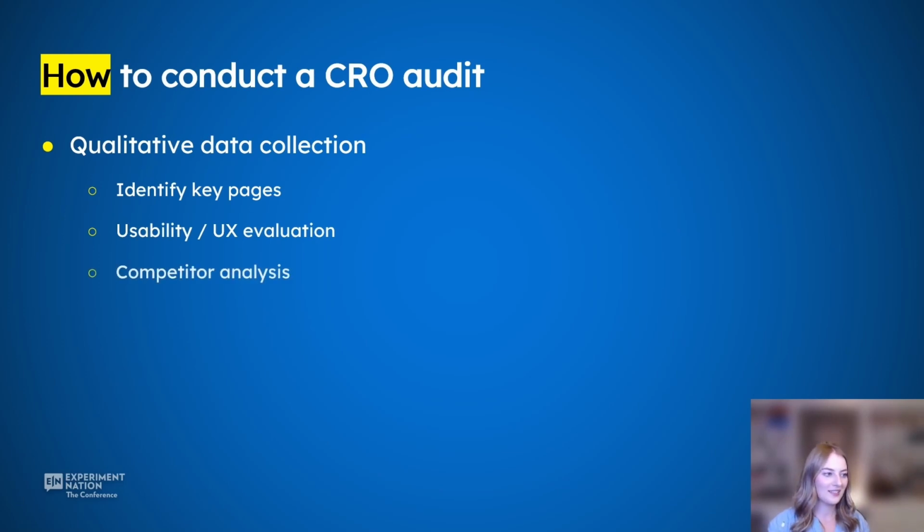All right, so next up, another really important step, competitor analysis. As I mentioned before, the competitive landscape is always changing, the industry landscape's always changing. Understanding how you or your clients' competitors are approaching CRO and optimizations, things they're changing about their website, is really going to aid you in identifying potential opportunities or best practices.